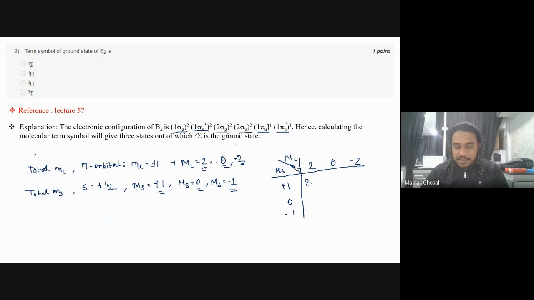I'm writing 2 plus 1. So this is 2 for ML, MS plus 1; 0 plus 1; minus 2 plus 1.